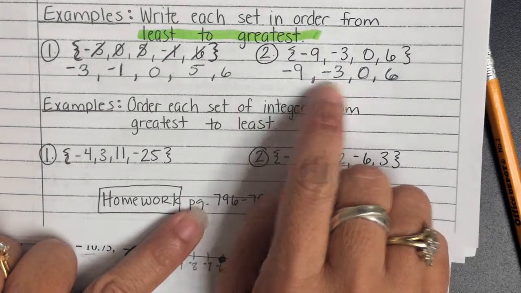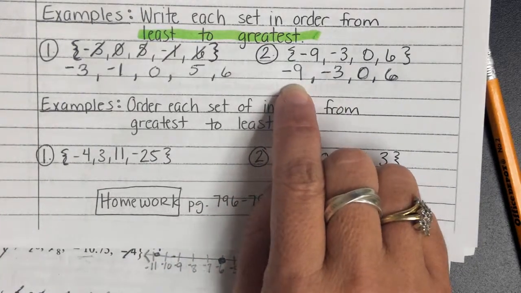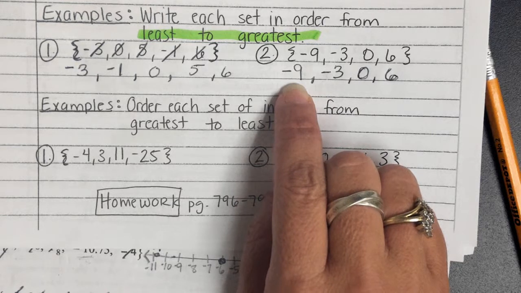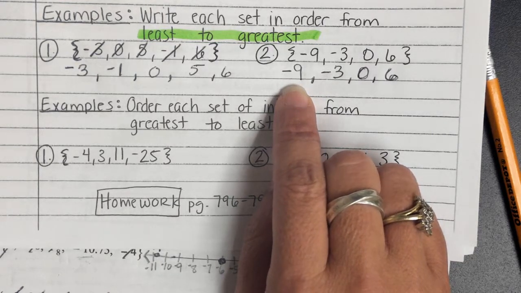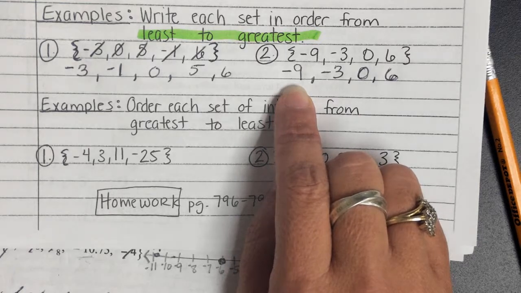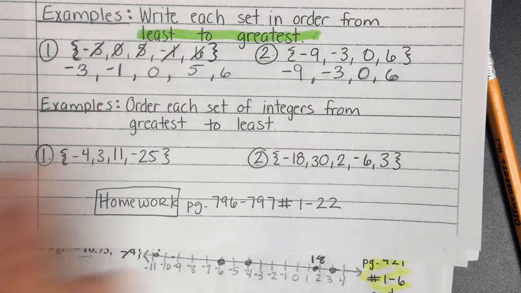Now, -9 is smaller than -3. Okay? Tell by the look on your face. That's good. Anybody else? Okay. It's okay. Good questions.